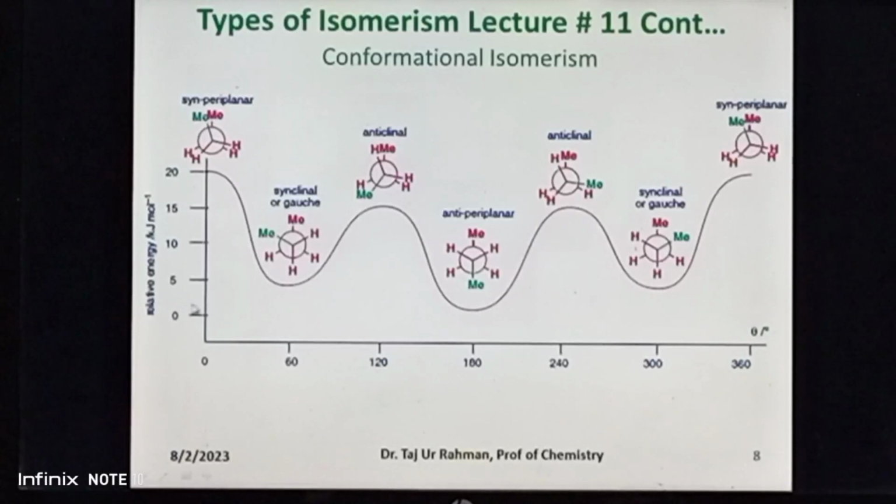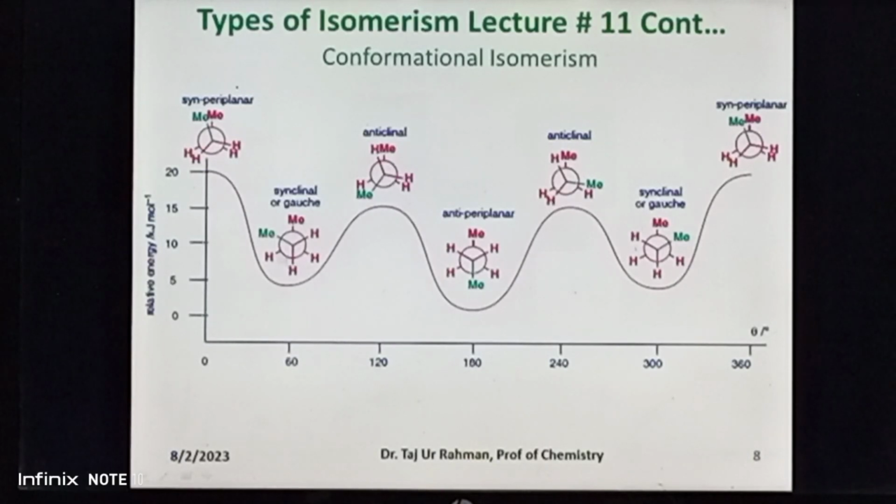This graph shows the potential energy versus bond rotation for these 6 conformers of butane molecule. This graph shows two energy maxima and two energy minima for the eclipsed and staggered conformers of butane molecule.